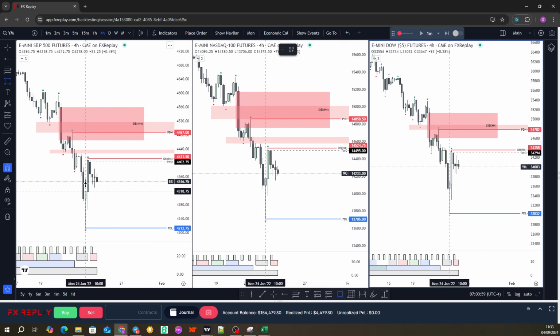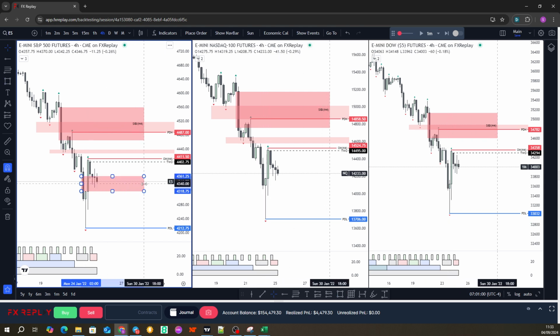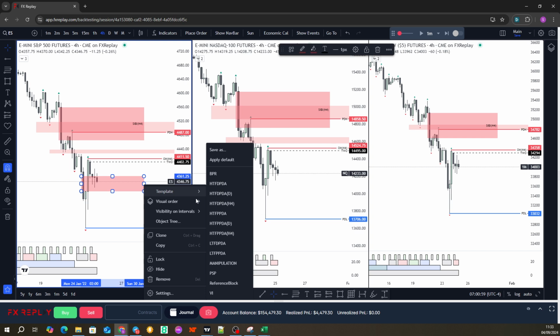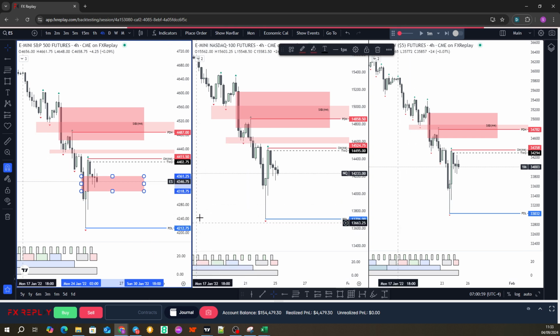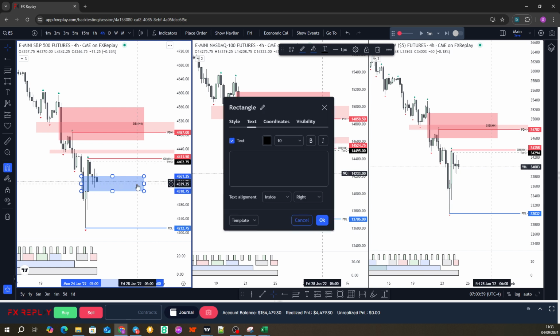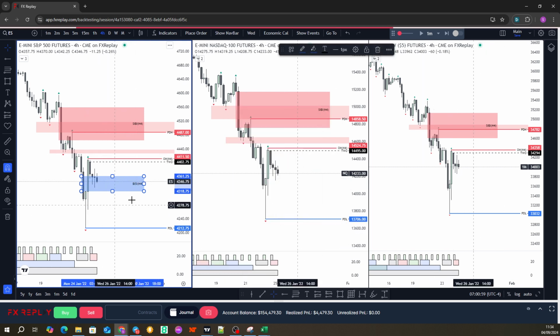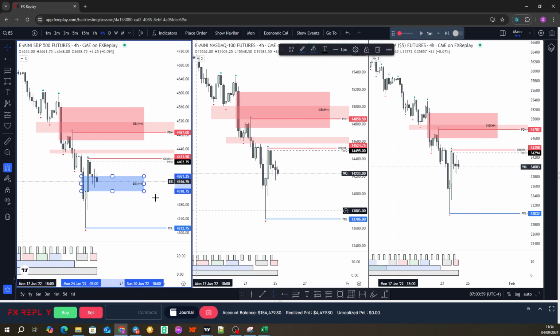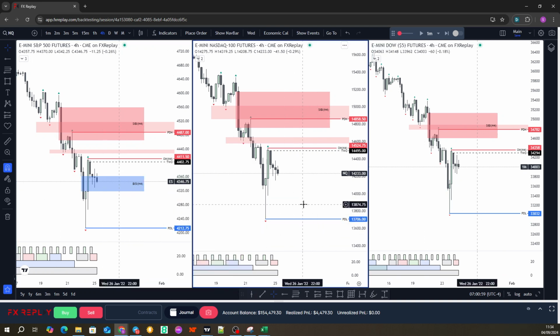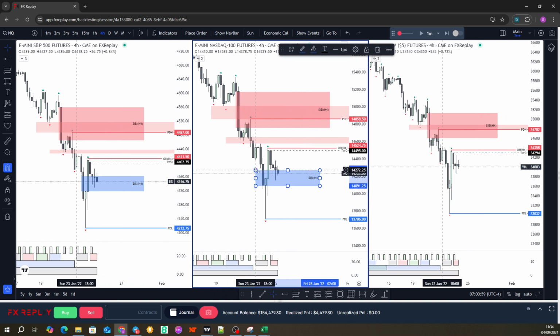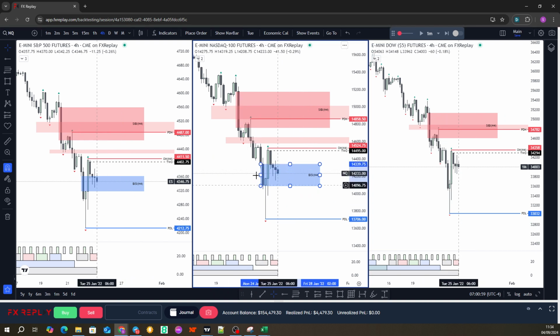Finally, we want to determine what the market is doing. So we're just going to mark up the PD arrays, and then we're going to have a look at the analysis. And see if anything presents itself.